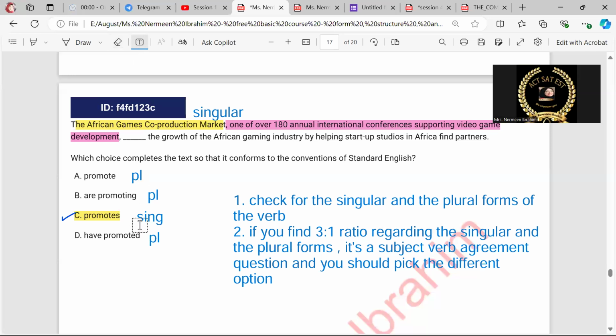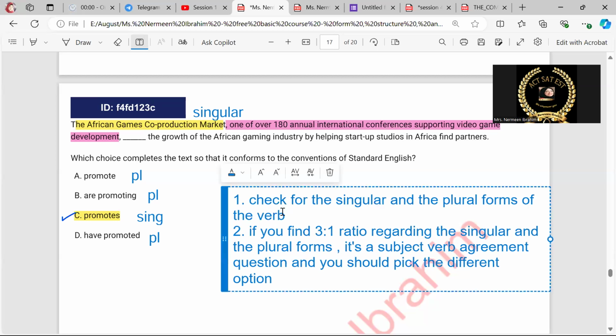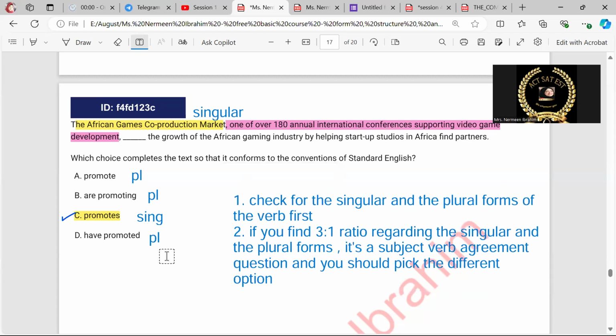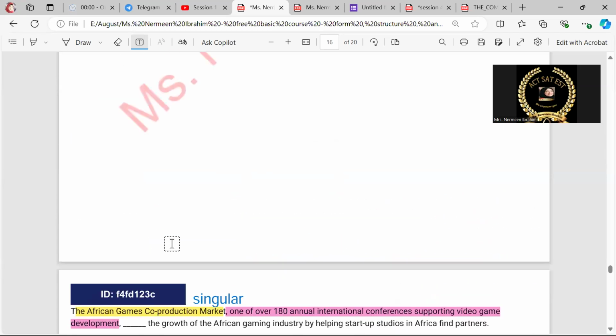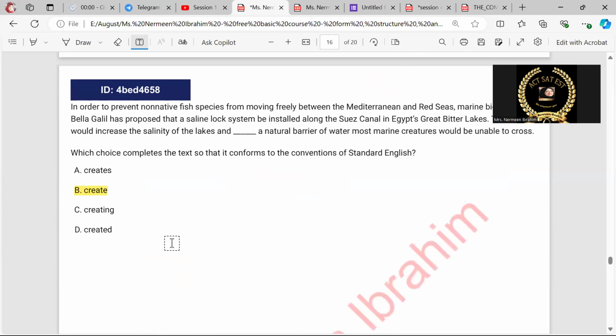Okay, nice. That's why I told you to try these tips. When you feel confused, try this one. Check for the singular and plural forms of the verb first. Okay? That's it. If you didn't find any, like here, look here.